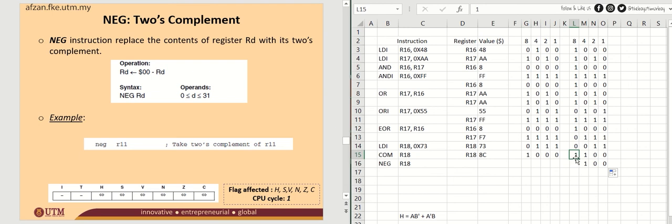You invert these bits from 1 to 0 and 0 to 1. So this is how you do the two's complement. R18 now has the new value, which is 74, after you do the two's complement or NEG instruction. Or if you don't know how to do that, if you have the calculator, you just press 00 minus RT, and then you can get this value.